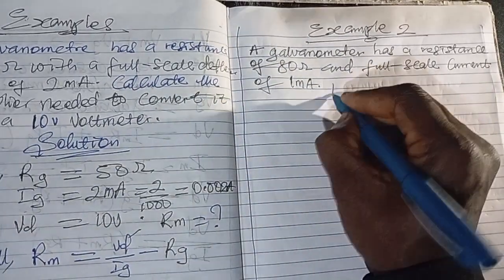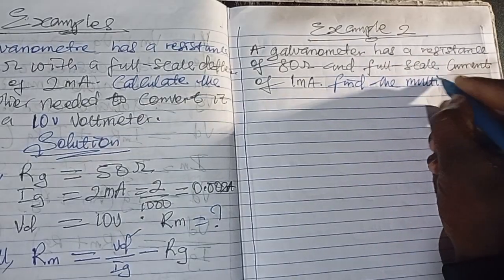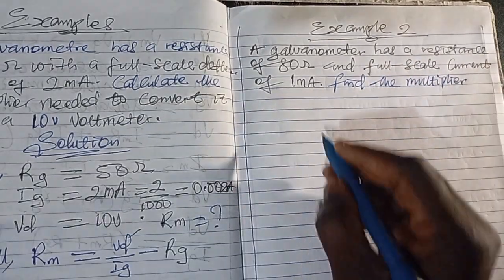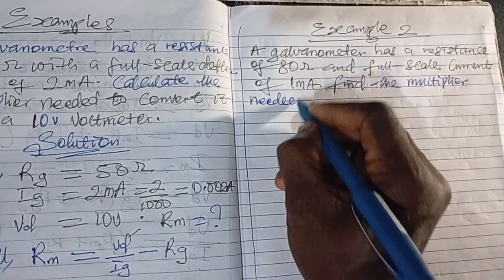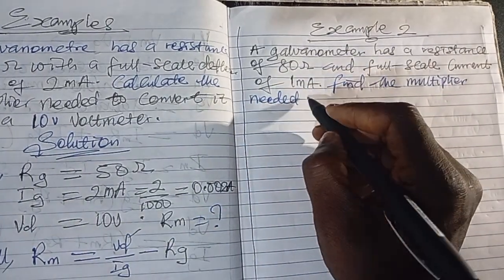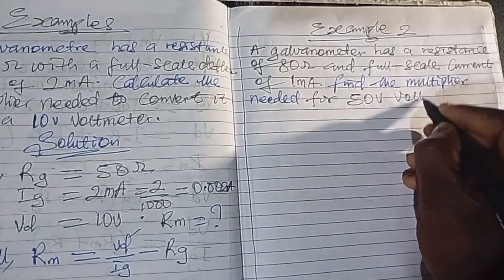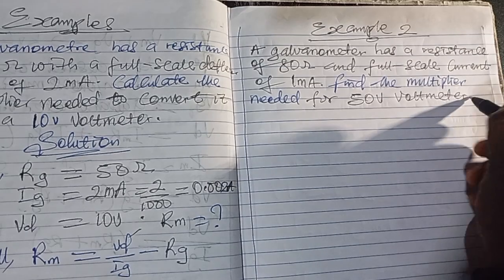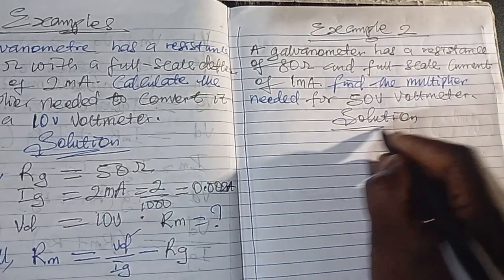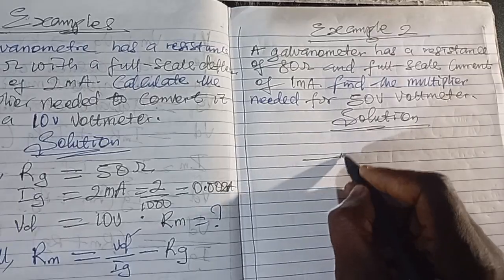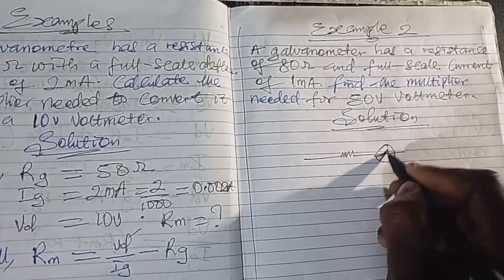We are required to find the multiplier needed for a 50 volt voltmeter. Okay, solution. Let's say this is our circuit.